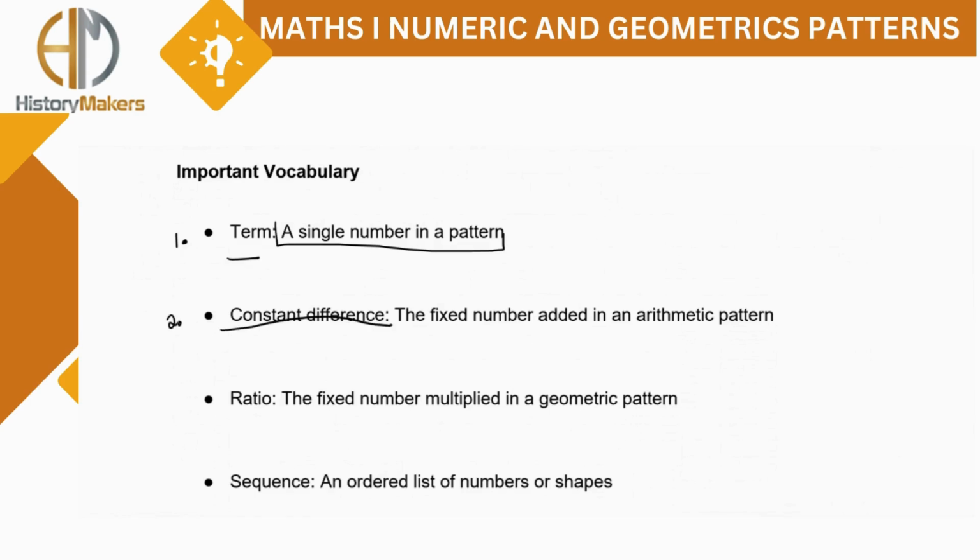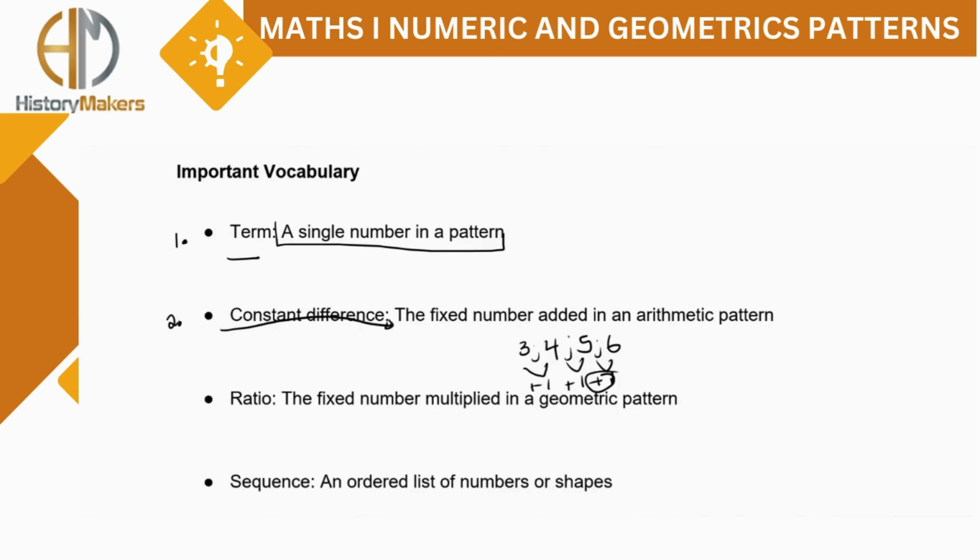The constant difference is the fixed number added in an arithmetic pattern. For an example, if we had 3, 4, 5, 6, we added 1 to get to the next term, added 1 to get to the next term.